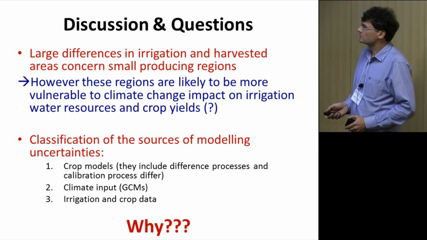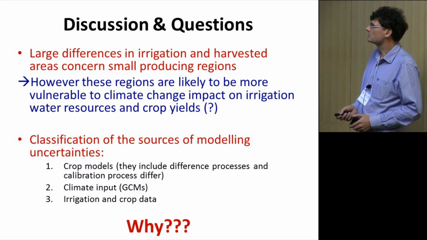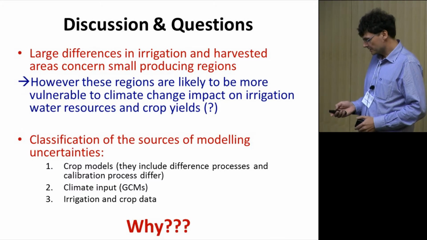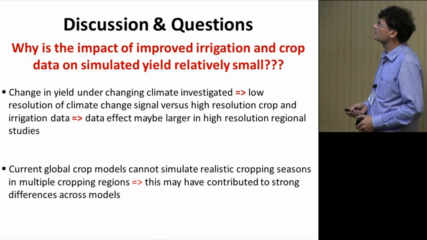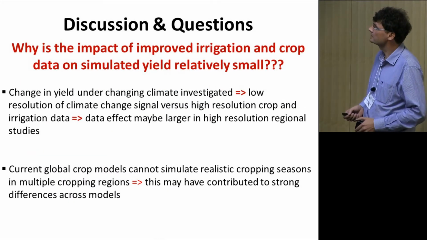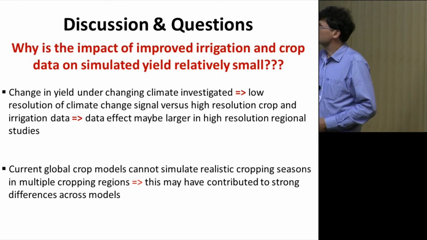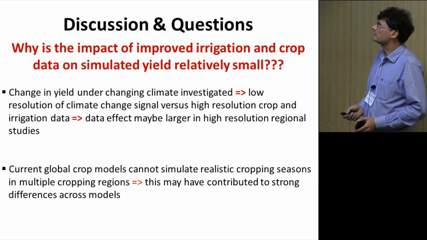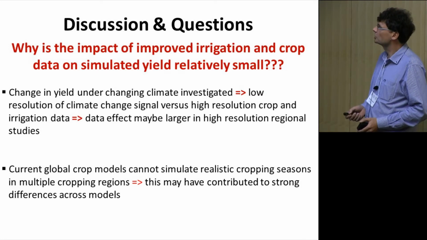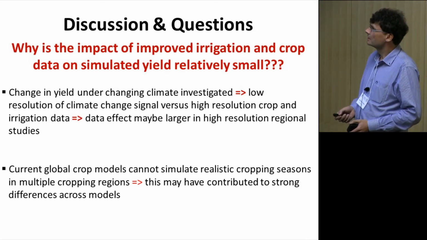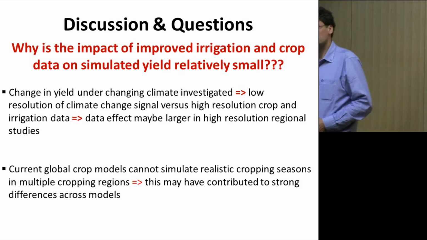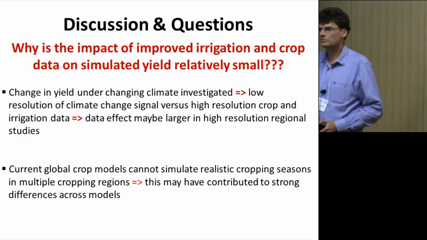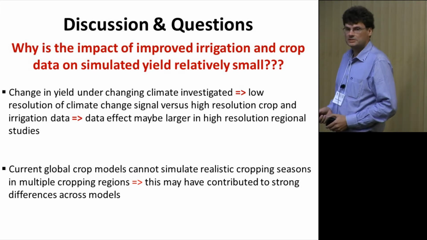Can we therefore just stop improving the data on irrigated land? And I think we shouldn't do this. This study was focusing on changes in yield under climate change scenarios, and of course, the resolution of the global climate models is limited.